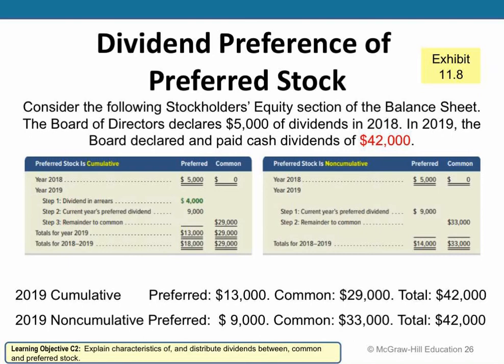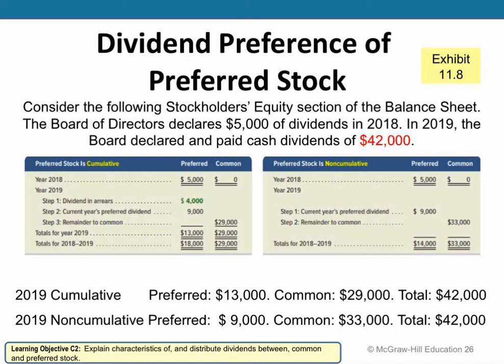So if preferred stock is non-cumulative, then we have the 5,000 we paid in the previous year. We paid none to common stockholders. In the current year, we paid 9,000 to those preferred shareholders. We pay the balance of the 42,000, or 33,000, to the common stockholders. So the 42,000 is going to get paid out in either situation.